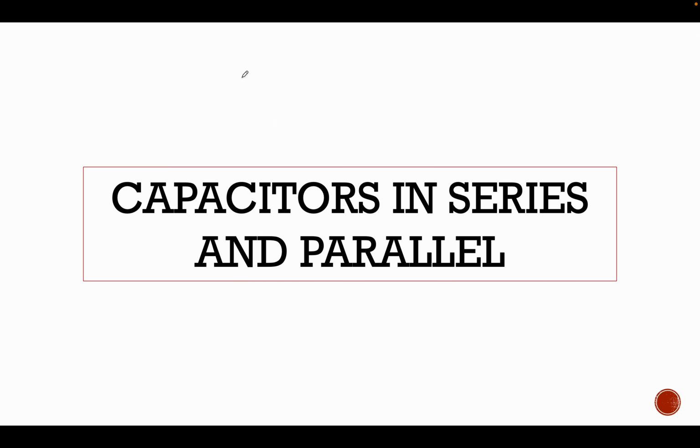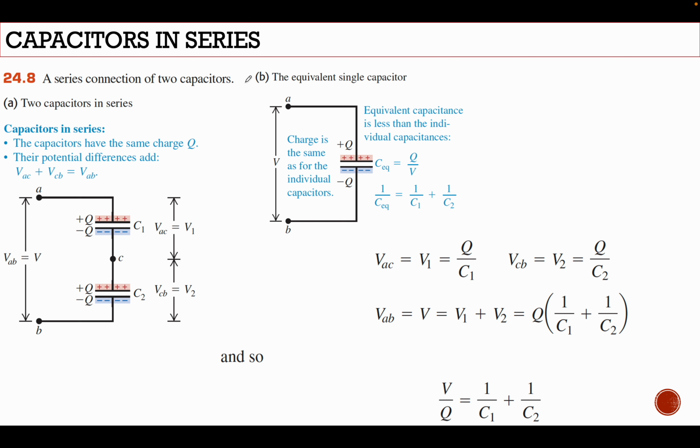Okay, so now we proceed with capacitors in series and in parallel. Figure 24.8 is an example of a series connection of two capacitors. This is the first capacitor here. As you can see, we have 3 points: point A, point C in the middle, and point B here.